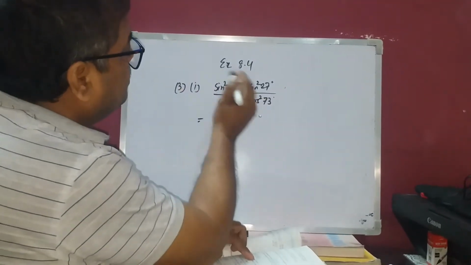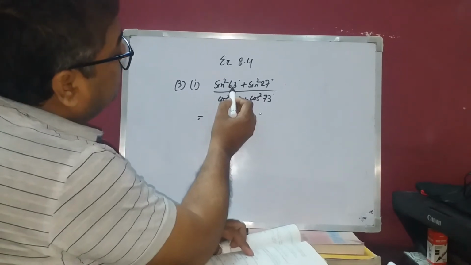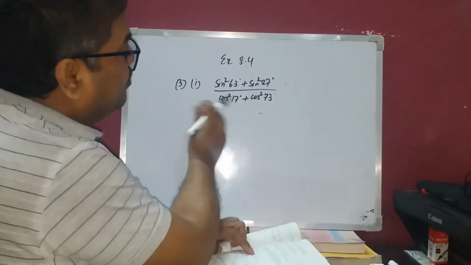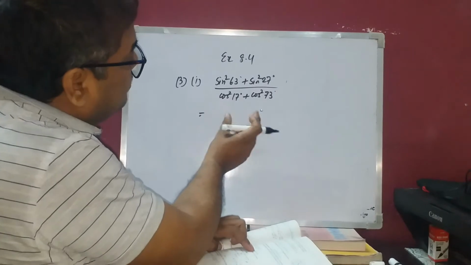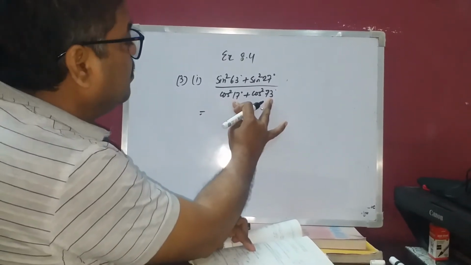If you watch this question carefully, you will notice that 63 and 27 are a pair of complementary angles. Similarly, 17 and 73 are also a pair of complementary angles.